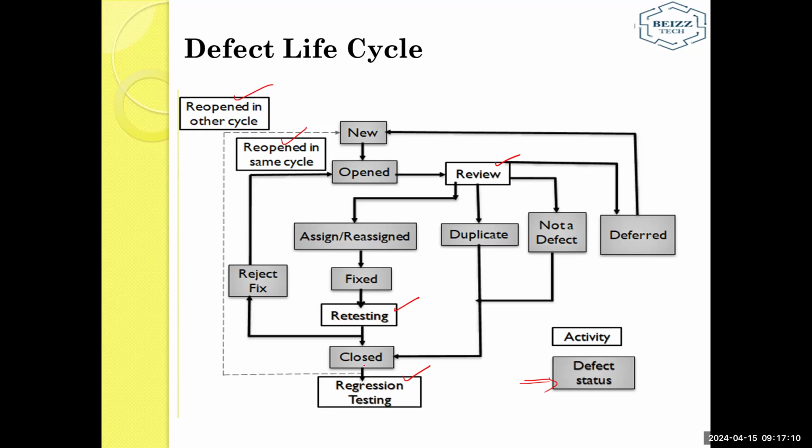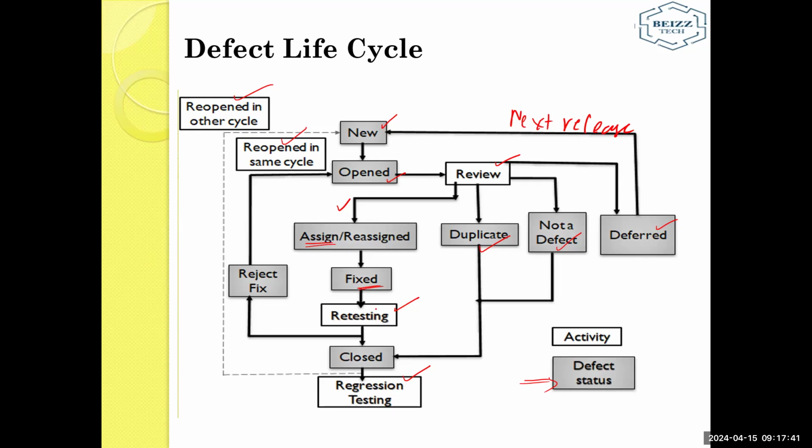Do remember, very first you'll get new, then it will be opened. After review, if it is the same defect reported by another tester, then it will be duplicate. If it is not a defect, really some other issue like an environment issue, it will be marked not a defect. If the defect is valid but not part of the same release, then it will be deferred, and we can fix it in the next release. After that, if the defect is valid, we assign it to the developer.